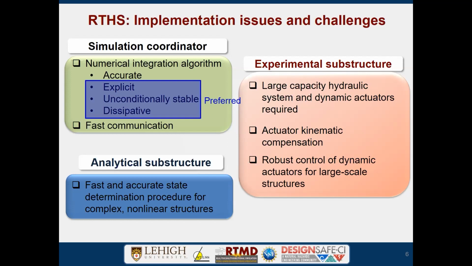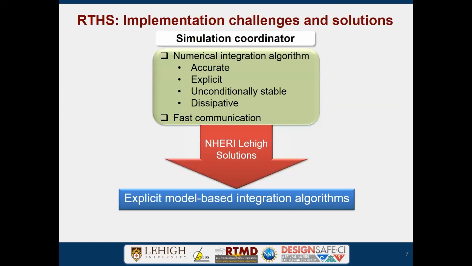First, we need accurate numerical integration algorithms, and we prefer explicit integration schemes. What does explicit scheme mean? The current step is calculated from the previous steps. There's no iteration involved. If you only do numerical simulations, it doesn't matter.